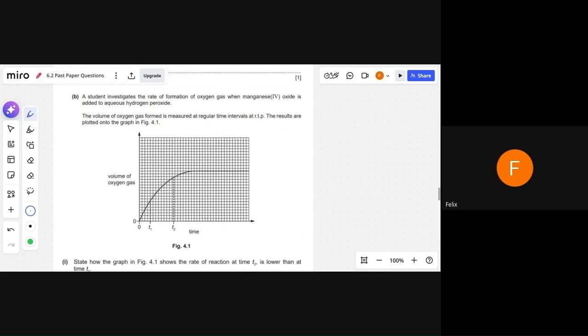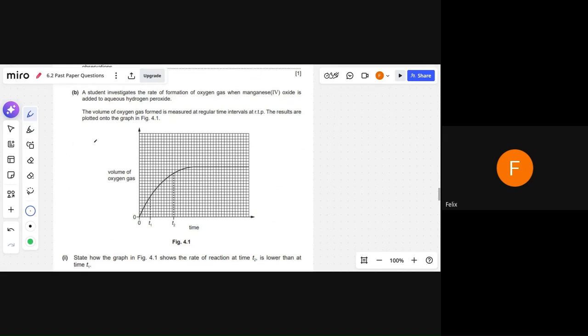Okay, this is the question which is related to rate of reaction. A student investigates the rate of formation of oxygen gas when manganese 4 oxide is added to aqueous hydrogen peroxide. The volume of oxygen gas formed is measured at regular time intervals at room temperature and pressure. The results are plotted onto the graph in figure 4.1.